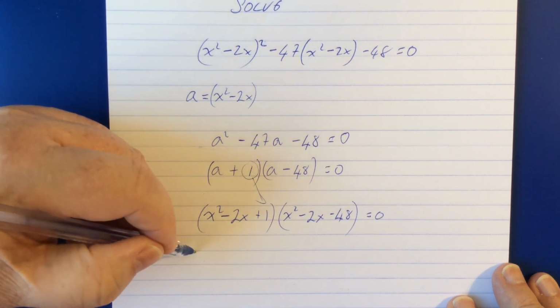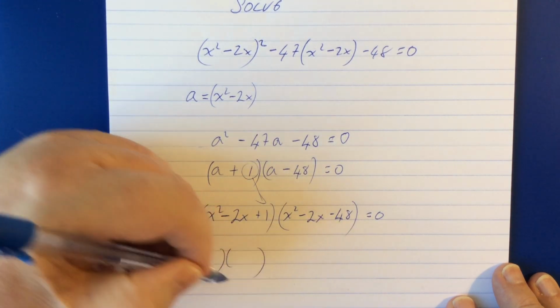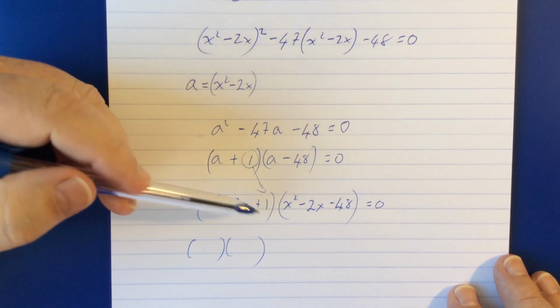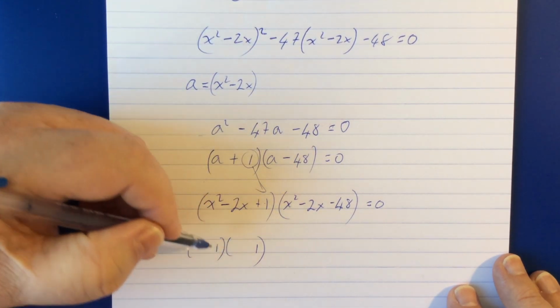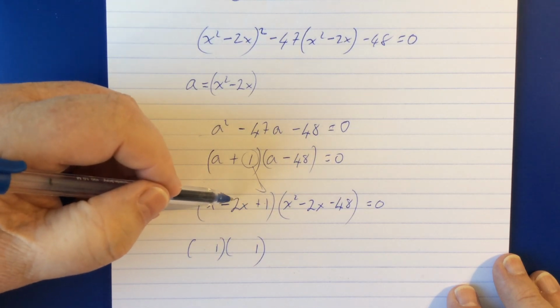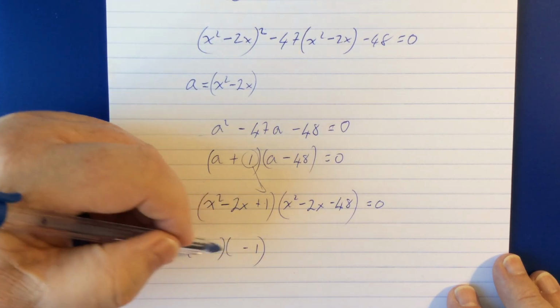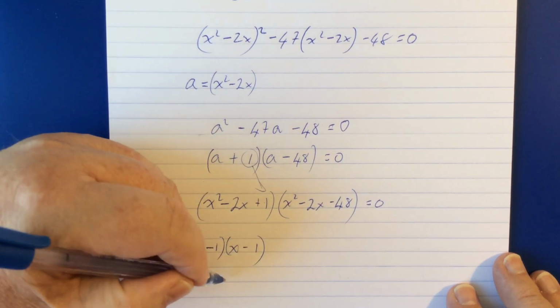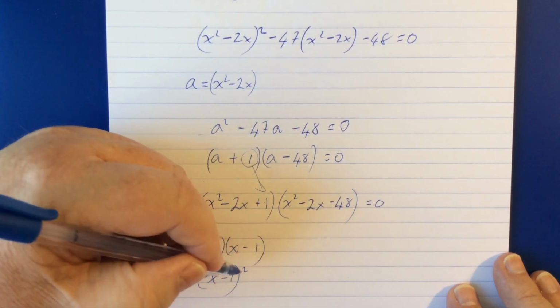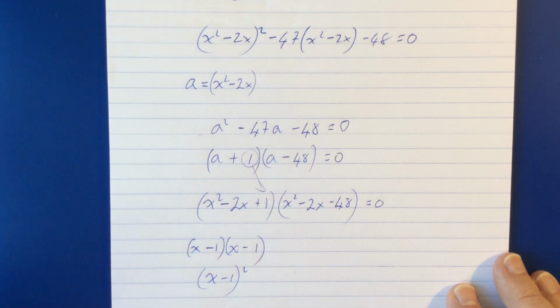I hope you can see that. I'll factorize it fully. The factors of 1 are 1 and 1, and in order to make up negative 2x, we make both of those negative, and we put an x there. So this is x minus 1 all squared.